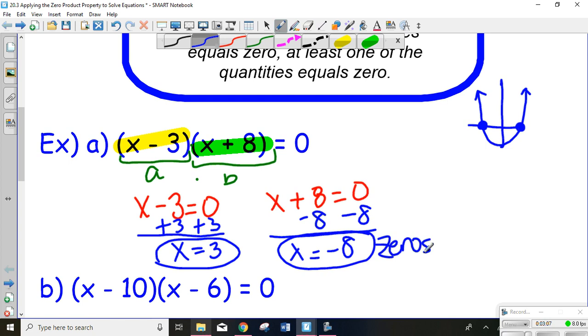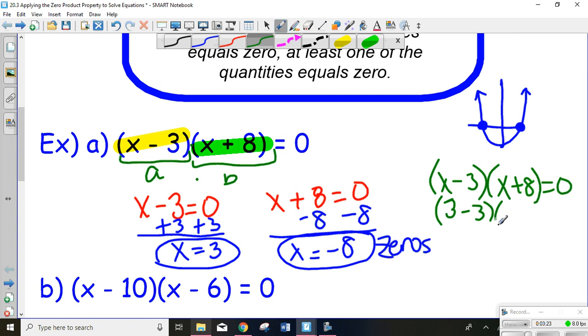And again, some of you are probably thinking, okay, where did this idea of equal to 0 come from? Let me just try one. If I take my original problem, x minus 3 times x plus 8 equal to 0, and plug the 3 in for the x, well, 3 plus 8 is 11.